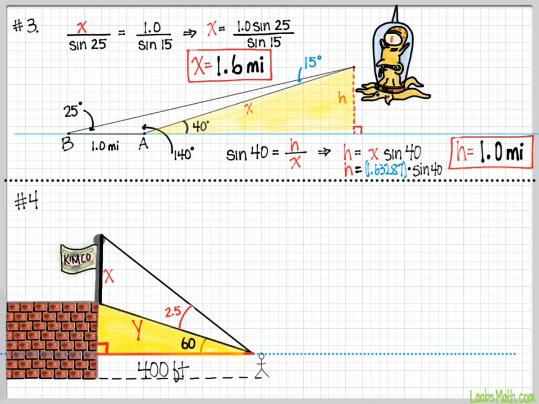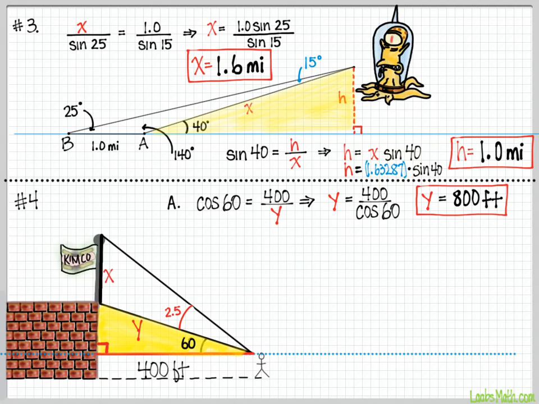And we go, oh, wait, there's a right triangle right here. I can find the value for y using not the law of sines, just plain old right triangle trig: cosine of 60 degrees is equal to 400 over y, because we've got the adjacent and the hypotenuse. We solve for y, and we get 800 feet.